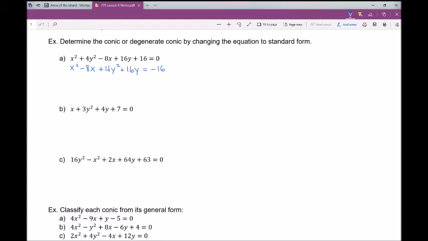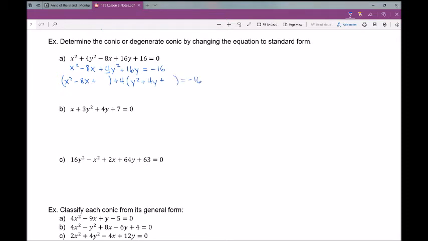Well, first, make sure that you don't have a coefficient on x or y. Because we have a coefficient on y, a 4, we need to factor that out of all the y terms. So we get x squared minus 8x plus, I'm going to put this in parentheses for reasons you'll see in a second, if we factor out the 4, y squared plus 4y. I'm going to leave a space there as well, and that's equal to negative 16.